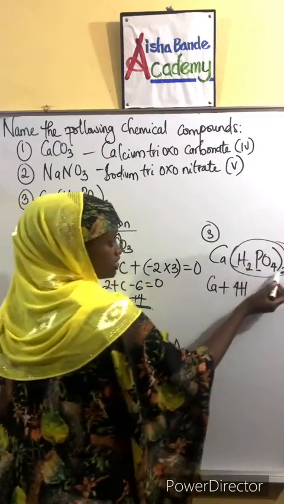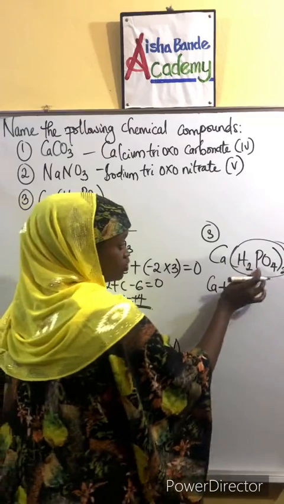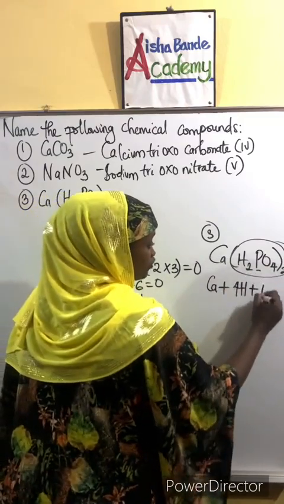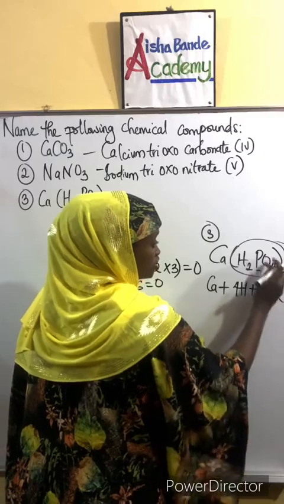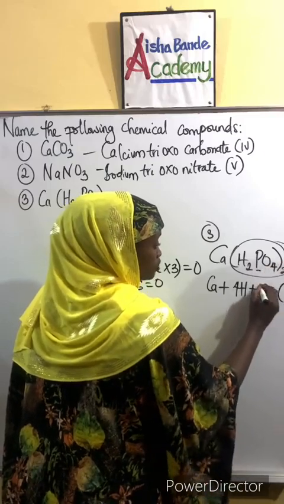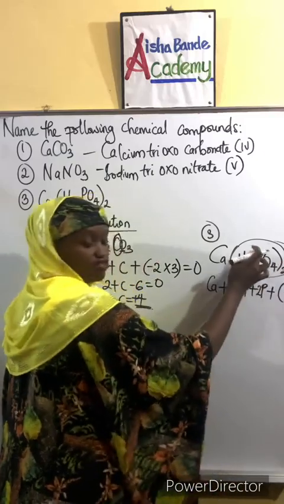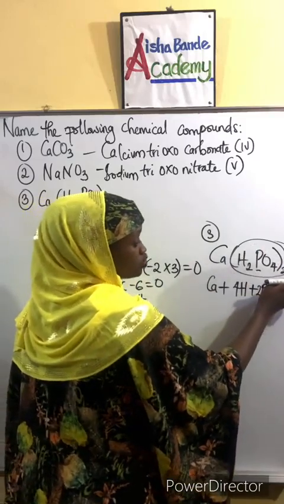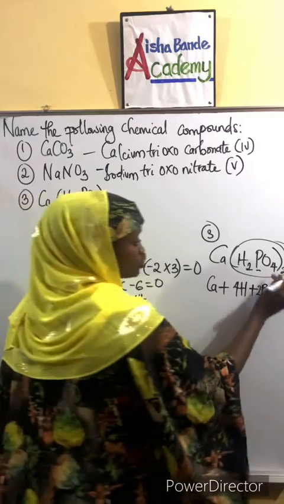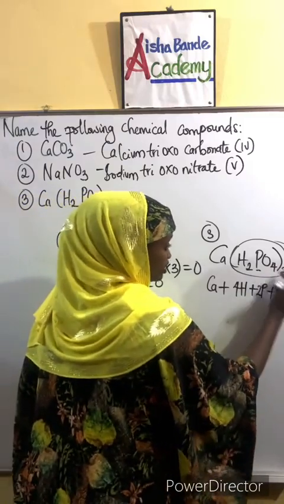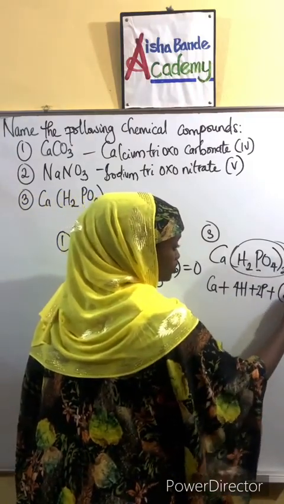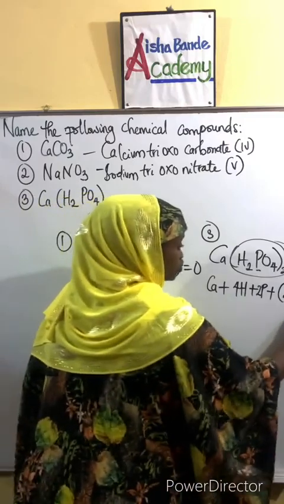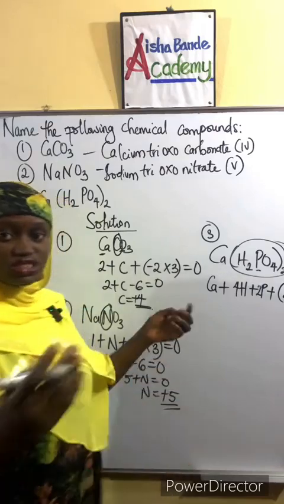So 2 times 2 here is 4, plus phosphorus, then plus oxygen. But the phosphorus is going to be 2P as well, because the 2 is affecting the phosphorus, and the 2 also affects the oxygen. So here is going to be 4 times 2, which is 8 oxygens. We equate this to 0 because it's a stable compound.